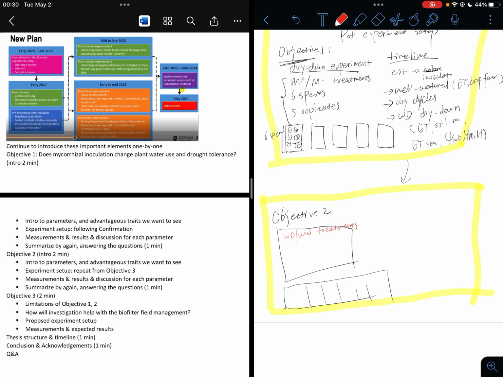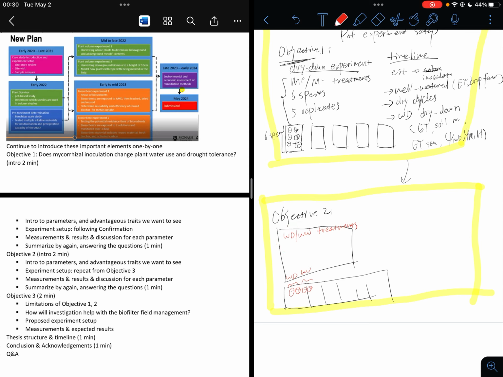For that, we change it to minus and minus and plus, so that will reflect the changes of WD and WW. That is the plan. That red mark reflects the changes.